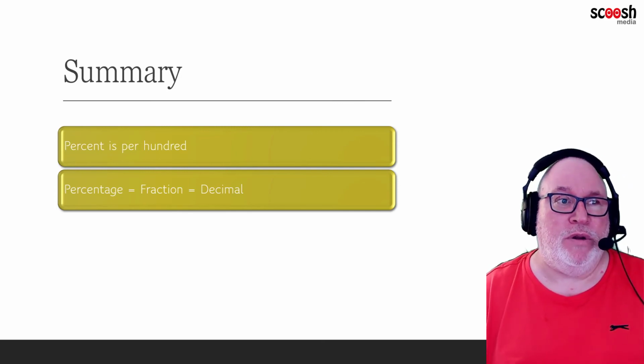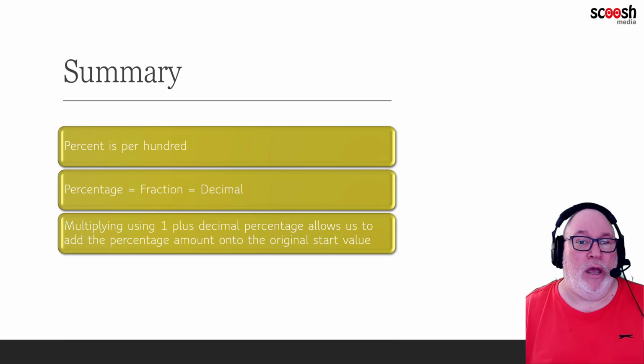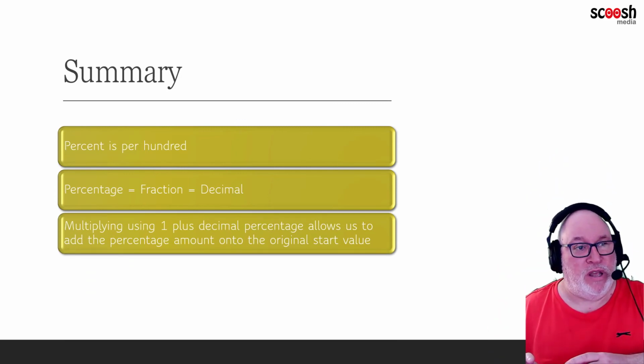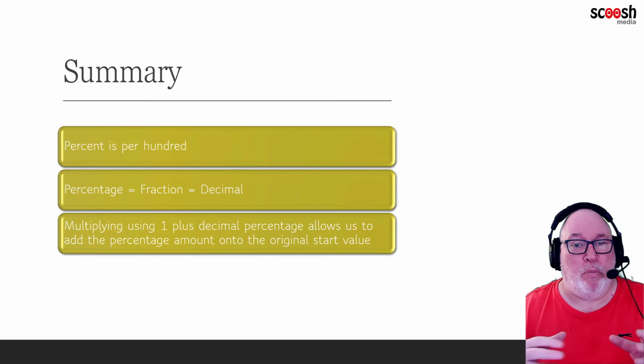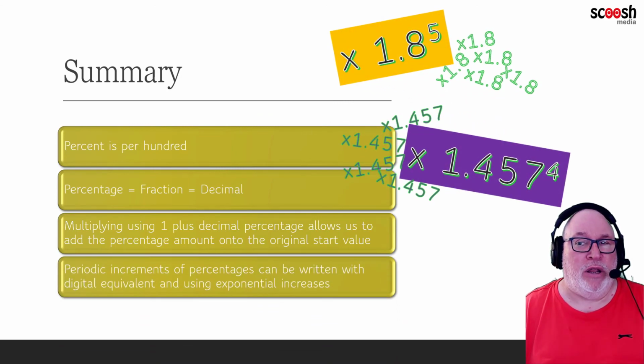Then what we did was we looked at multiplying it by 1 along with the percentage. So what we did was we got the amount plus the percentage amount added together all in one go. And the last thing that we looked at there was the exponential increases. So we looked at the power of 3, the power of 4.